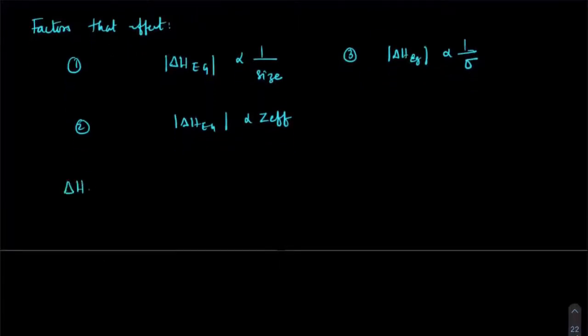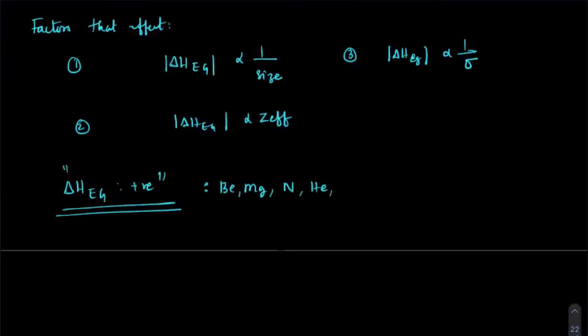Delta H electron gain enthalpy is always positive for these elements: beryllium, magnesium, nitrogen, helium, neon, argon, krypton, xenon, and radon. If you observe carefully, these are all noble gases.